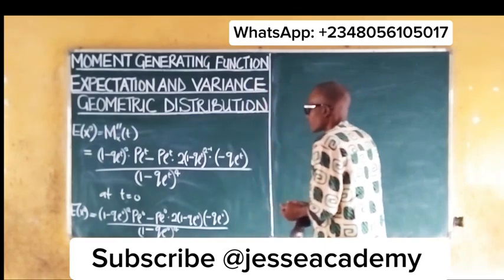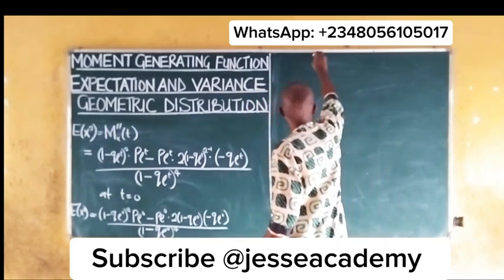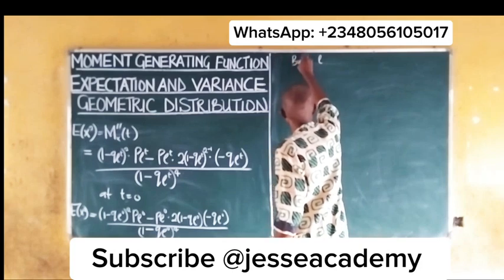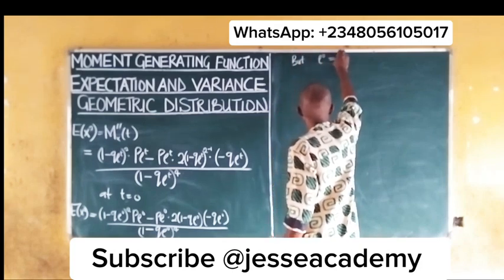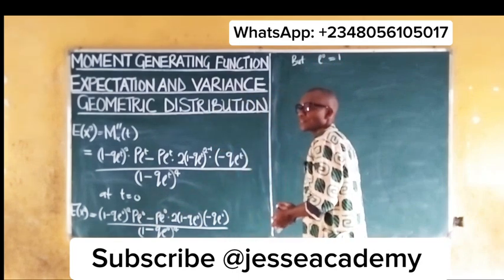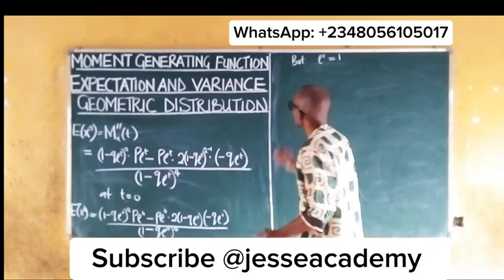All right. We should note that anything raised to the power of 0 is 1. So wherever we see 0 there, anything raised to the power of 0, we take it as 1.